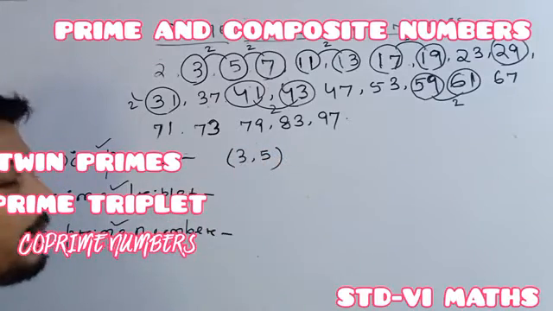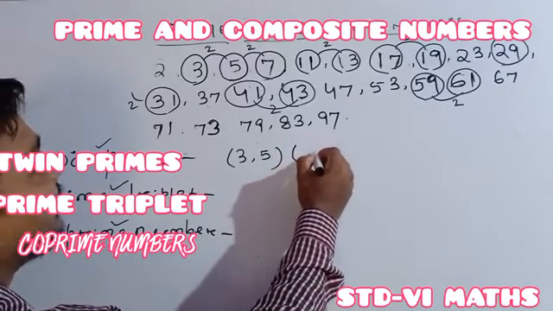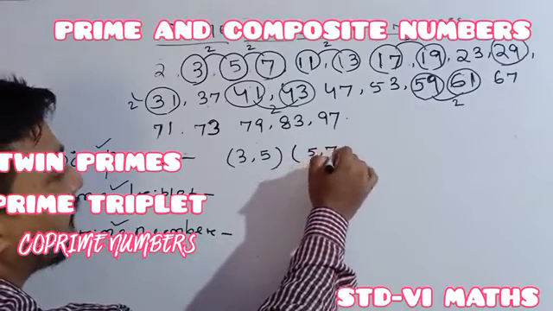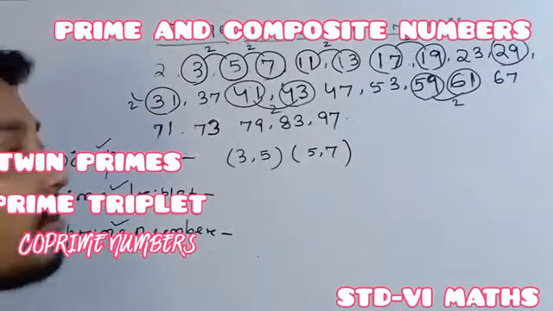Okay, so here one of the pairs we got is 3, 5, which are prime numbers, and the difference between them is 2. 3, 5, then 5, 7 also prime numbers, and their difference is also 2.